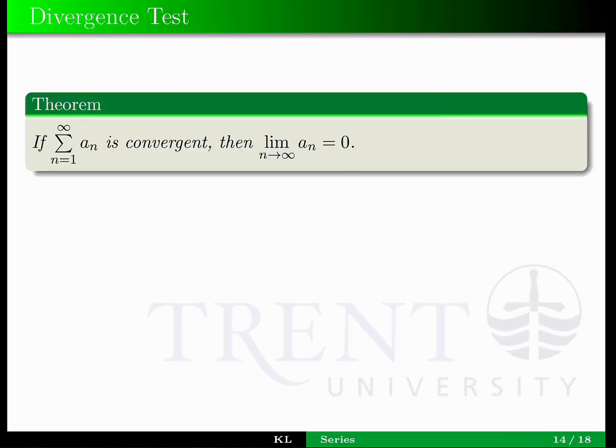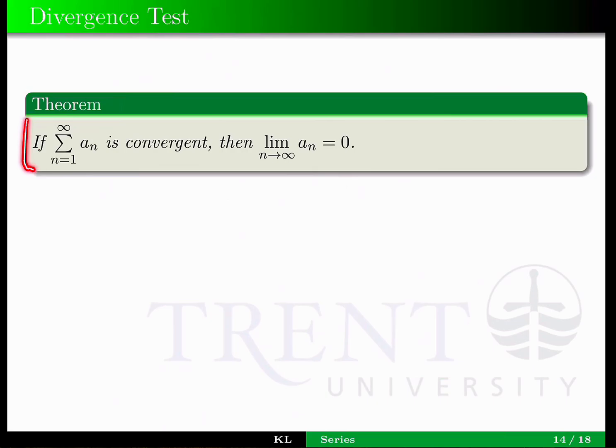Now, one important theorem that we are going to use is called the divergence test. So in order to know this divergence test, we look at this particular theorem here. If you got a series that is convergent, then the limit of your an must go to 0.